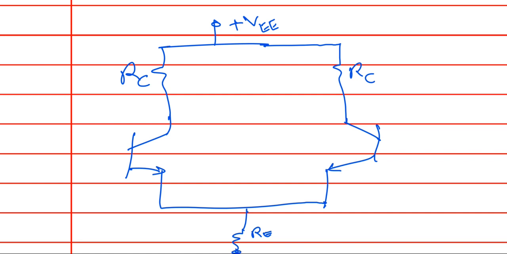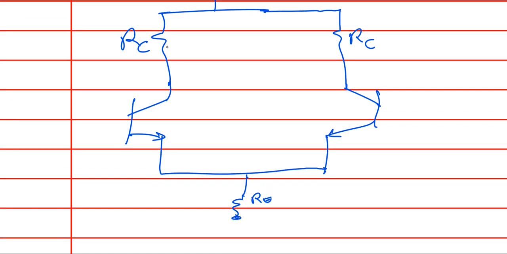It is not connected to ground, it is connected to minus VEE. And here is the source resistance RS, and here is the AC voltage source, but we are doing DC analysis, so we will make the AC voltage source short.